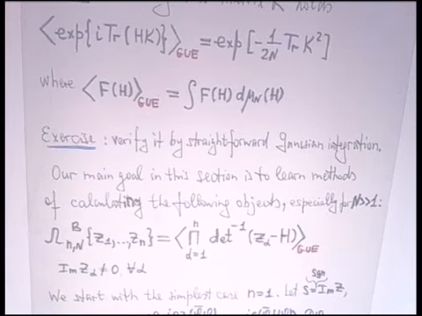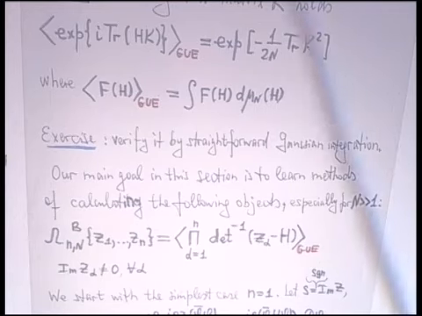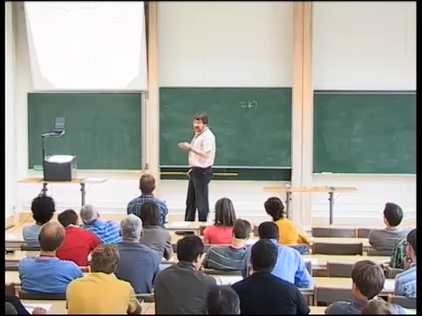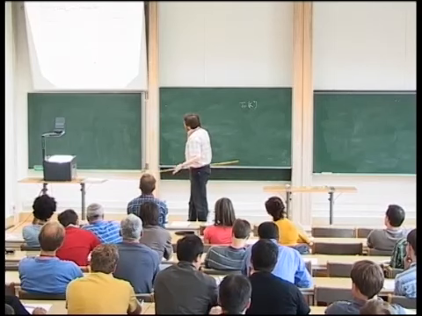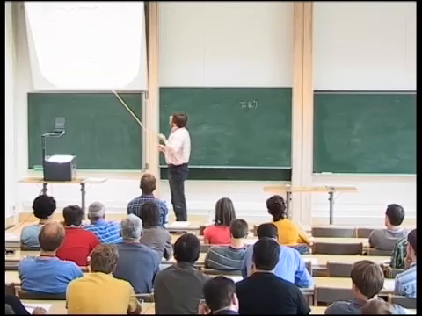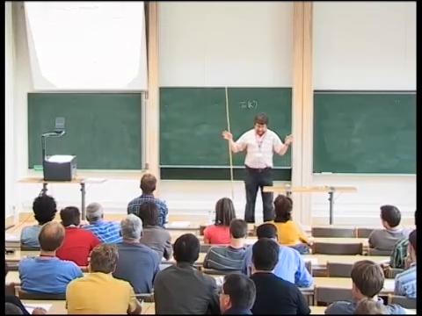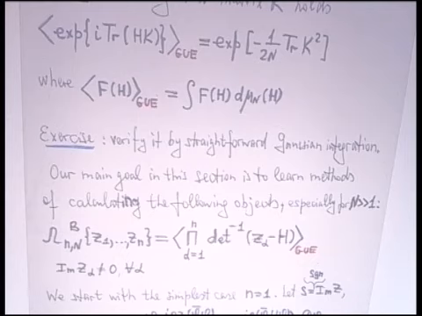Basically, our main goal in this section today, and probably also in the next lecture, is to learn how to perform explicit ensemble averaging, and then analysis, in fact, in the limit of growing dimension, eventually going to infinity dimension of these matrices, of the following objects. Let me explain notations.